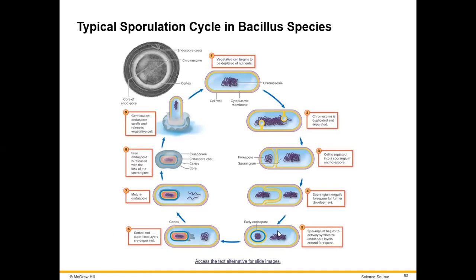The other genetic material eventually breaks down and you have a spore. And it has various layers, a core, cortex, endospore, exospore. And when the spore gets into a favorable nutrient-rich environment, the spore itself winds up releasing a new bacterial cell.